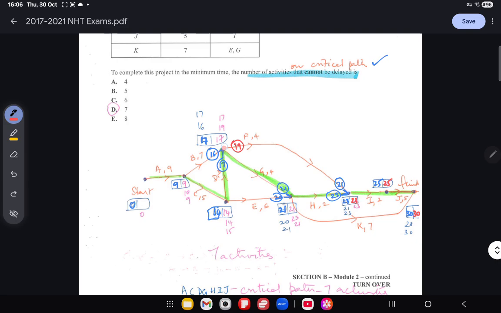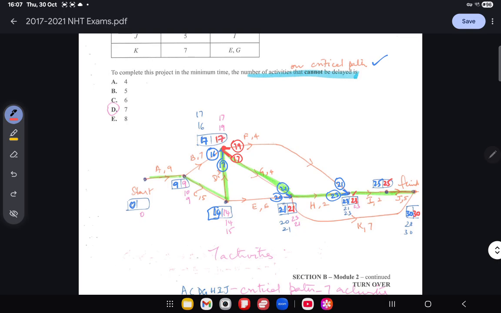And at this vertex, in the backward scan, there's a choice here and a choice here. So if we come back from the 23 here and along H, 23 take away 2 is 21, and 21 take away 4 is 17. And you know, in a backward scan, when you have to make a choice between two values, you take the smaller one, and that's 17.